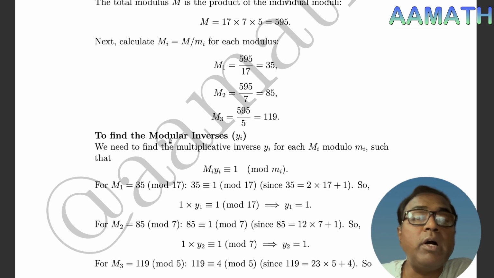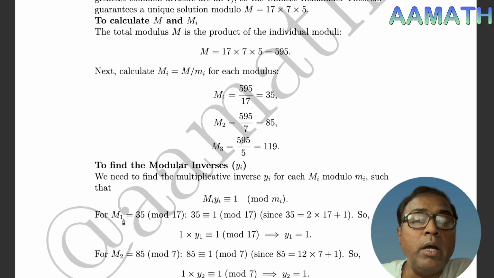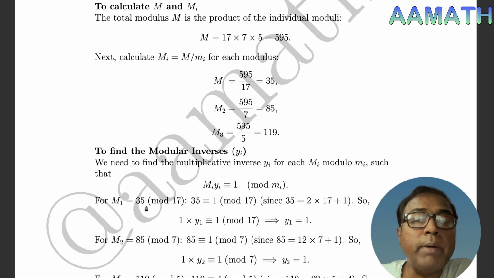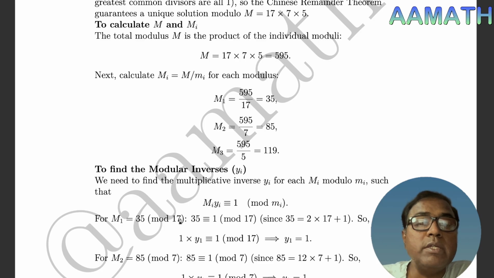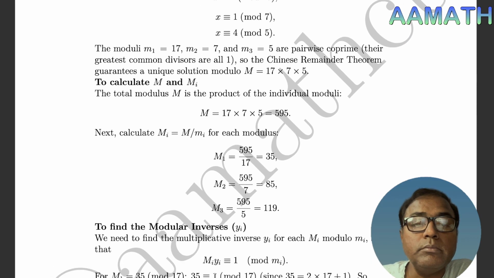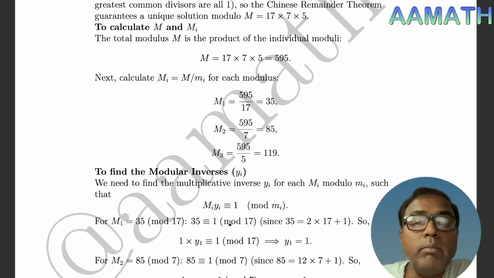Now from the first, M1 equal to 35, M1 congruent to 35 modulo 17. For M1, 35 modulo 17, that means 35 congruent to 1 modulo 17, because if we divide 35 by 17, the residue is 1. 2 into 17 is 34, plus 1 is 35.